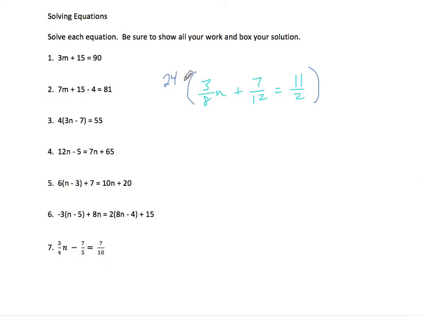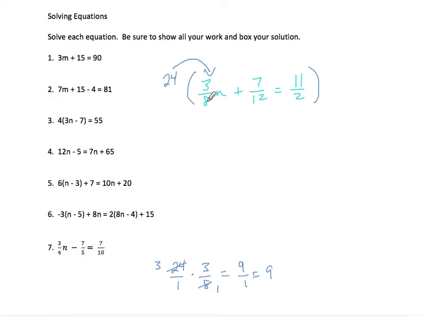So I want to do 24 times 3/8. That's 24 over 1 times 3/8. Now if I'm multiplying this, I can cross simplify. 8 goes into itself once, 8 goes into 24 3 times. So I have 3 times 3 equals 9 over 1, which just equals 9.